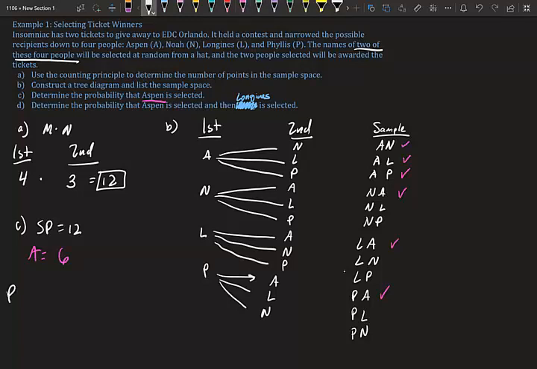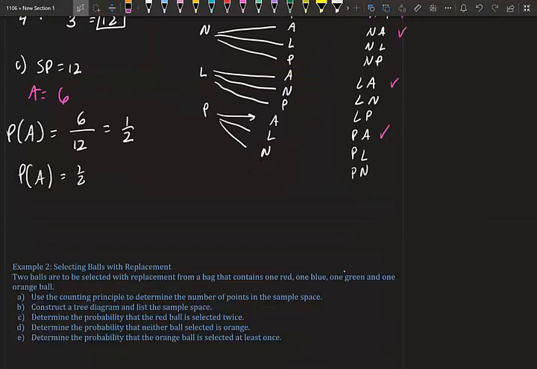So the probability of Aspen is 6 out of 12, which is 1/2. Doesn't that make sense? If there are 4 people and they're picking two names, you have half of a chance. So the probability of Aspen being picked is half, a 50% chance of getting picked as a winner.